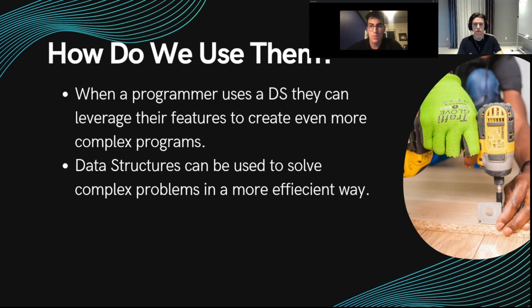So how do we use data structures? When a programmer uses a data structure, they can leverage its features to create even more complex programs. Data structures can be used to solve complex problems in a more efficient way. Let's say you need to do something where it's really important that the things that come in, or get created, are executed in a certain way.